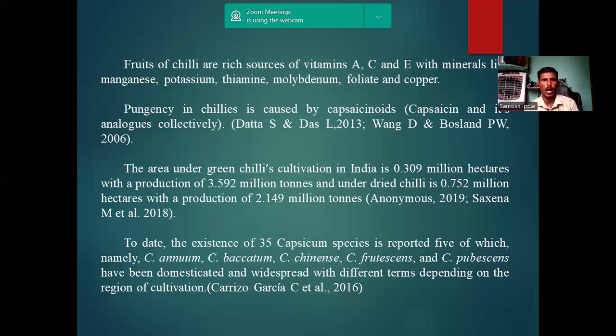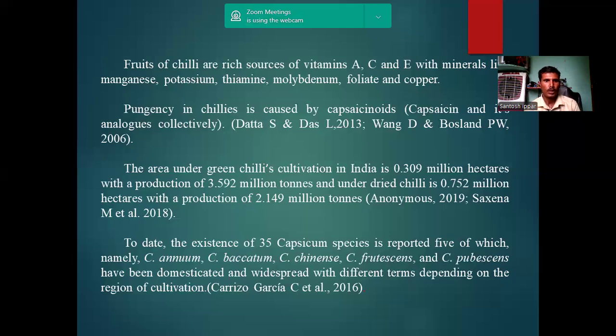Today, about 35 capsicum species are reported, 5 of which, Capsicum annuum, Capsicum baccatum, Capsicum chinense, Capsicum frutescens, and Capsicum pubescens, have been domesticated and are widespread, with different names depending on the region of cultivation.